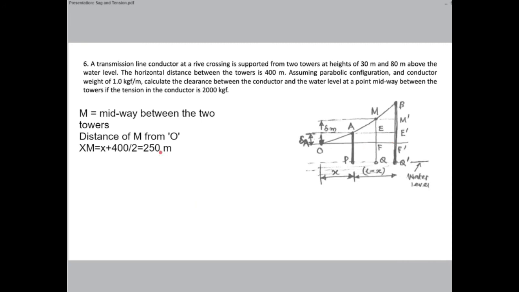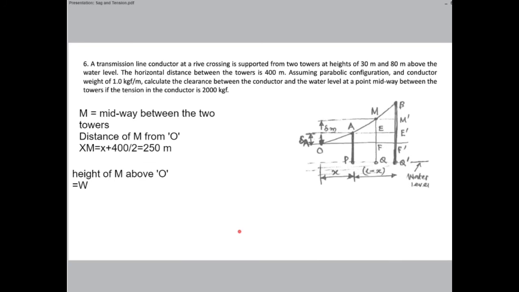So the next step is the height of M above O, as compared to the lowest point of the conductor where M is located. It's the vertical distance. This is the sag that we are calculating. So that is equal to what?